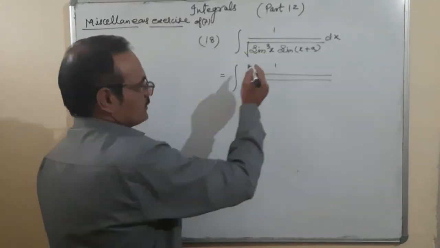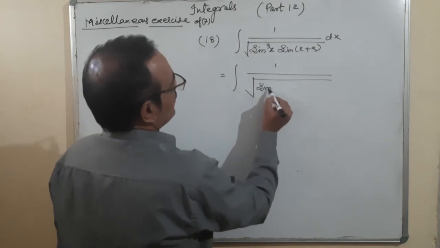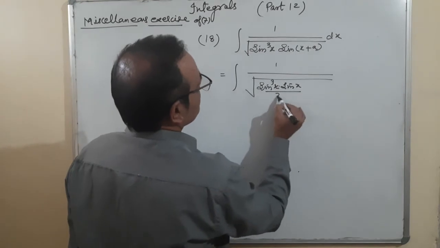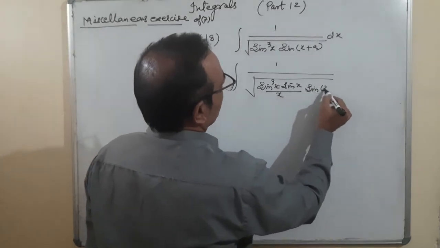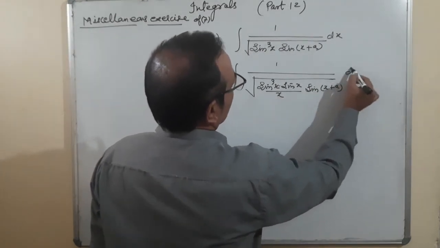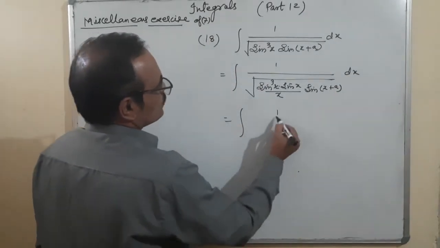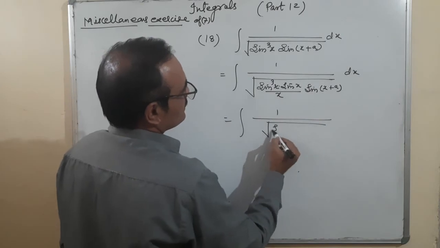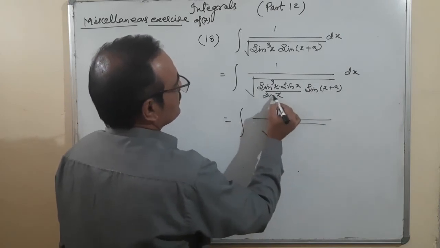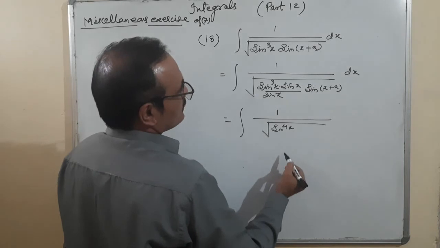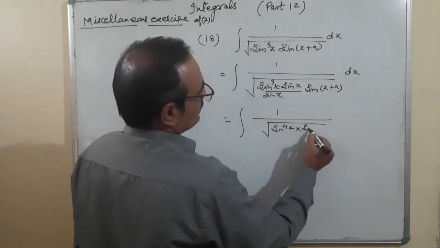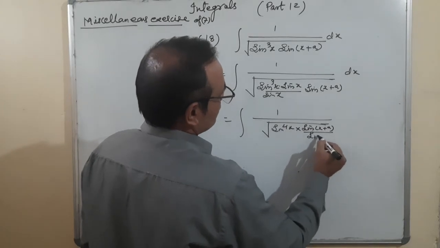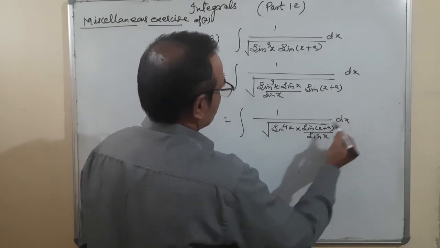So I am doing this here: sine cube x into sine x upon sine x into sine x plus a, dx. Then it is 1 upon under root sine to the power 4 x into sine x plus a upon sine x, dx.